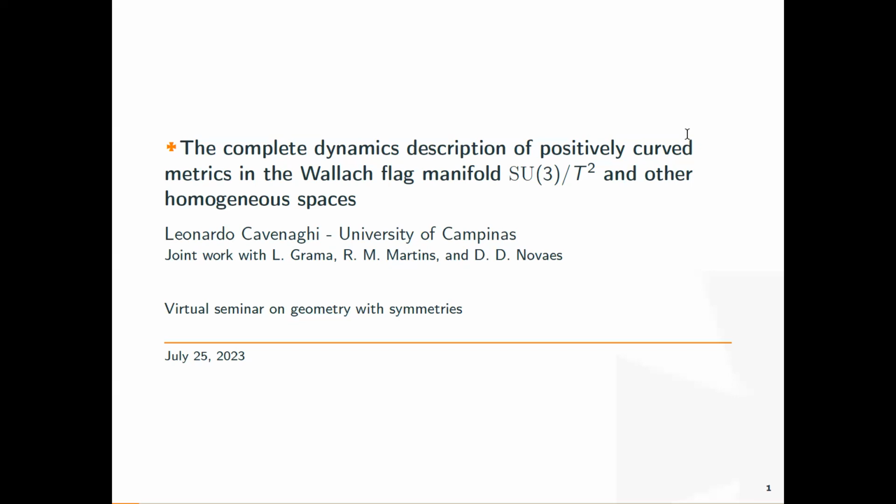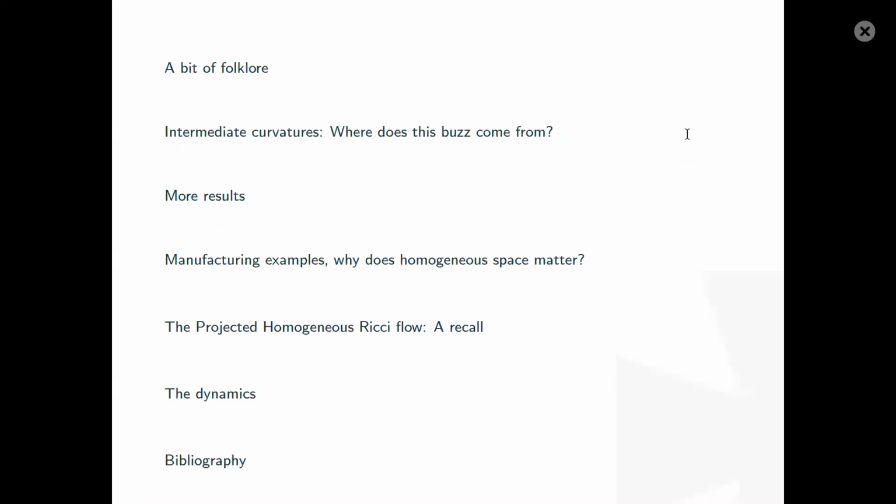So let me give you a guided tour of what I'm going to talk about in this lecture. I will start with a bit of folklore, and you will understand what I mean by folklore. Then this work is very related to different notions of intermediate curvatures, which has been a massive topic, drawing the attention of a lot of experts.